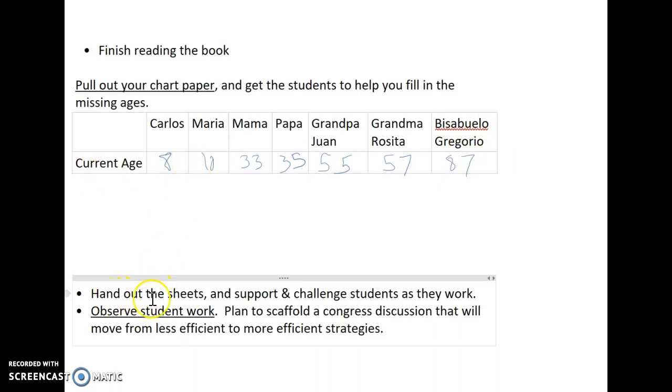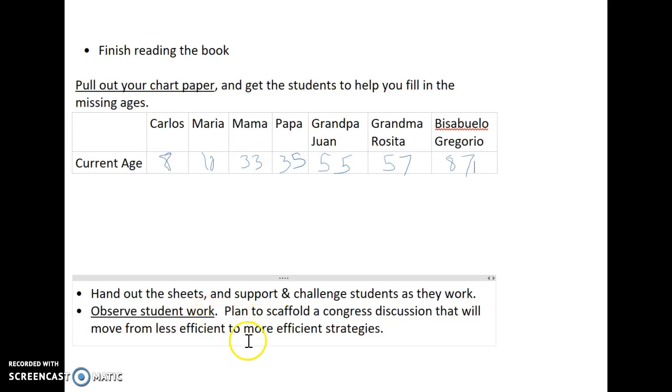Once you have this information, you're going to explain the challenge, which is how old was everyone when Carlos was born? And how old was everyone when Maria was born? And hand out the sheets and then let the kids go ahead and start working. Your job now is to circulate and observe student work.